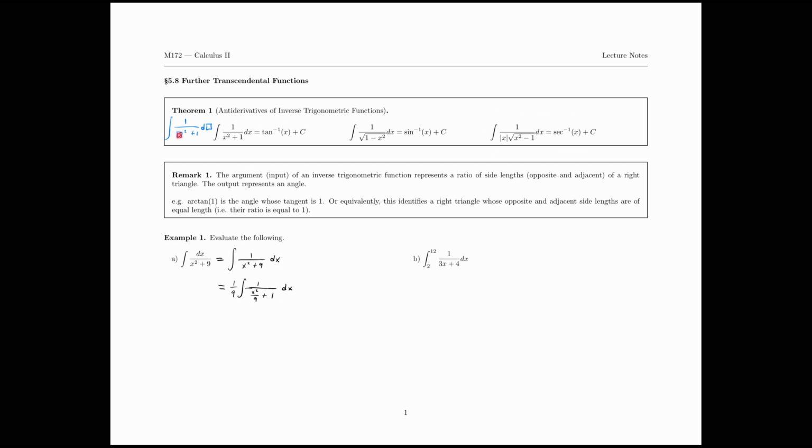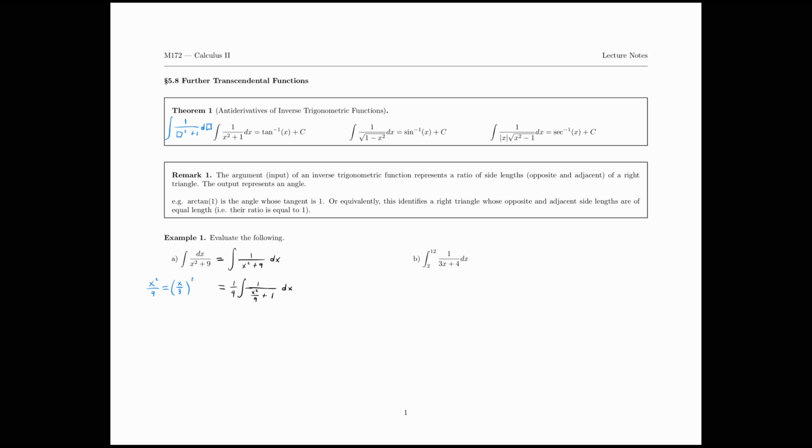Could be x squared, or maybe it's pi x squared squared. It just needs to be something squared. So what we want to do here is express this x squared over 9 as a single thing squared. Well, we can do that by writing this as x over 3, quantity squared.